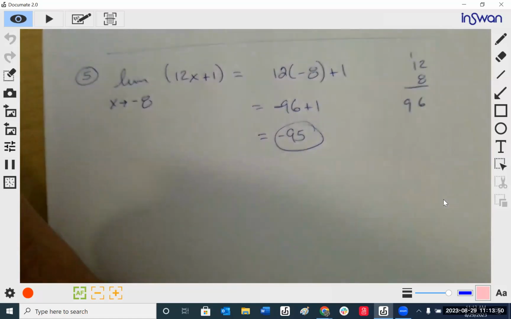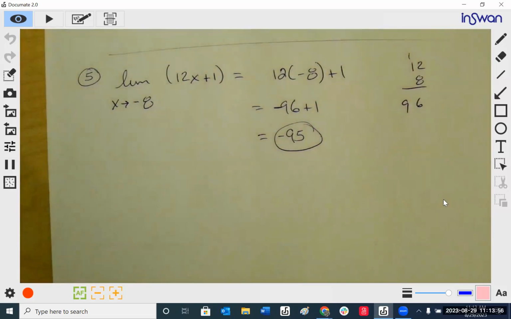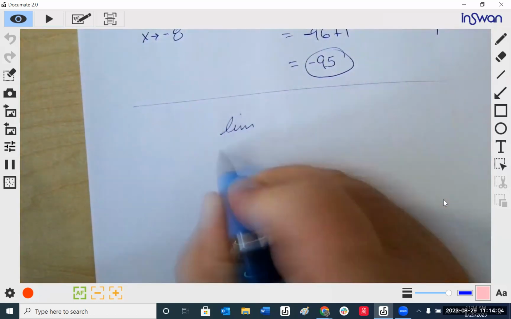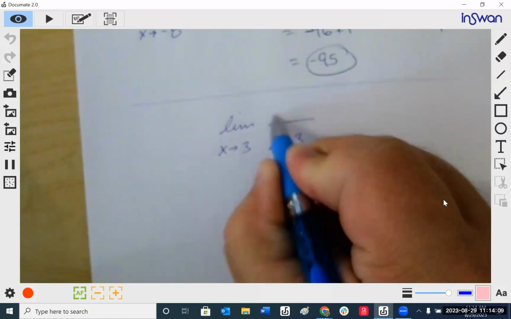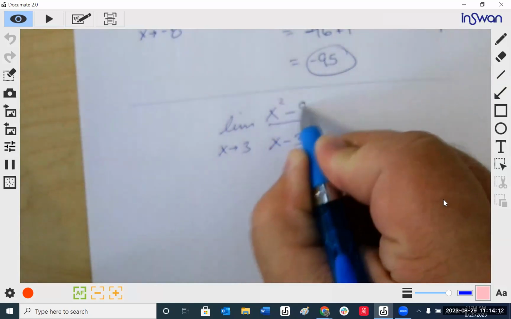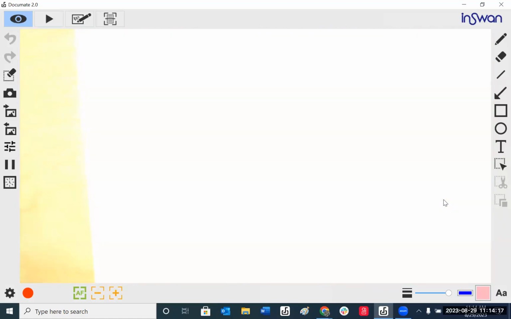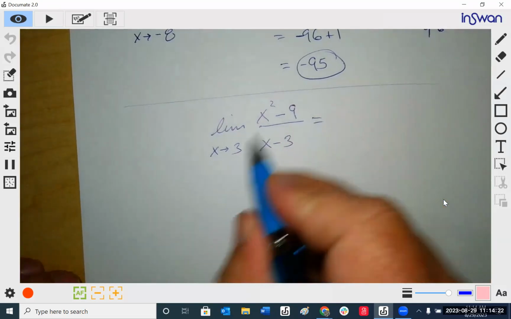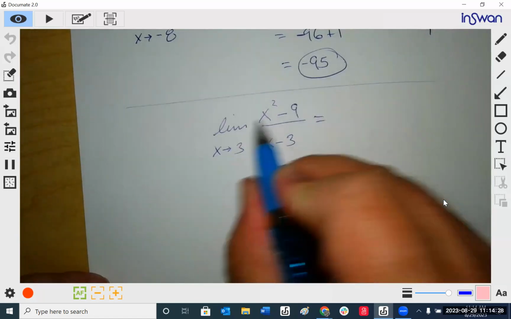If you have fractions and you get 0/0, what can you do? For example, if I had the limit as x approaches 3, if you plug it in there, you get 0/0. There are two things we can do. One, we can try to factor.